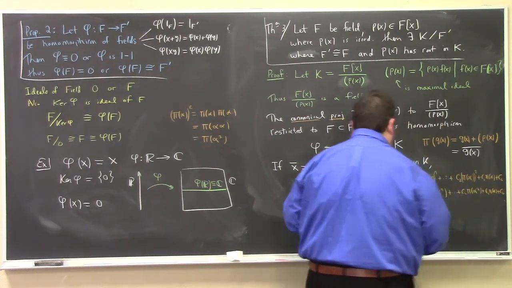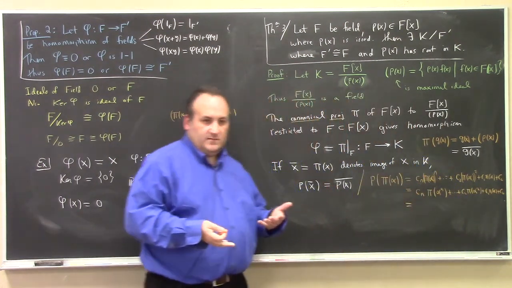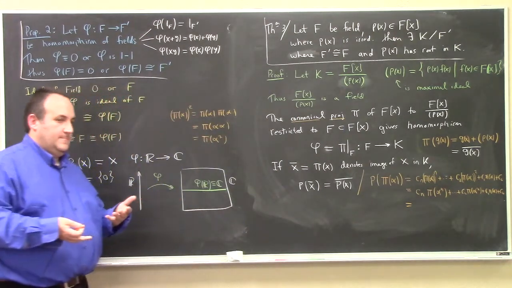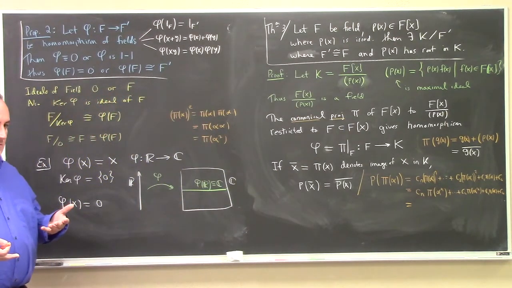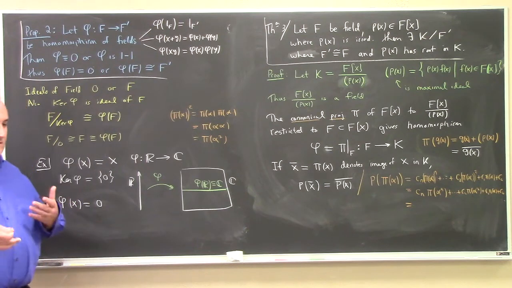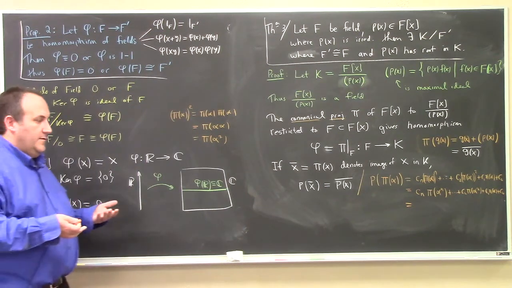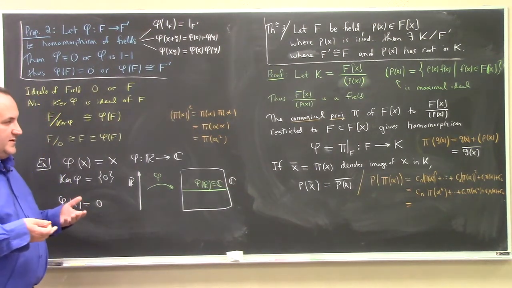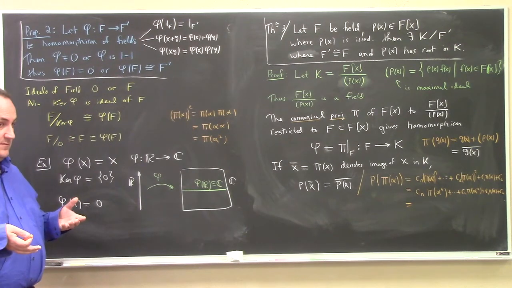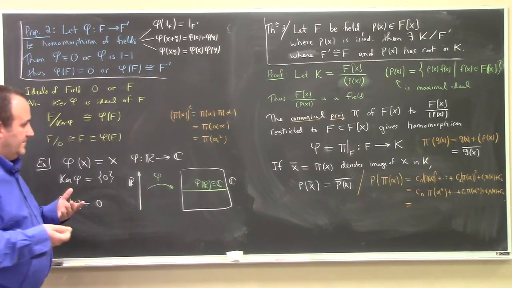But then pi is a homomorphism, right? And where are these c's coming from? Remember, it's a polynomial over F, like the vector space thing.